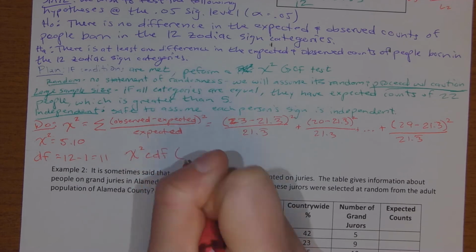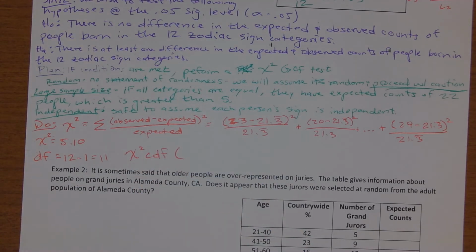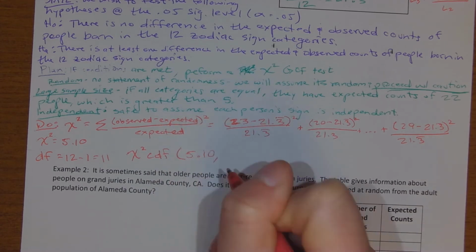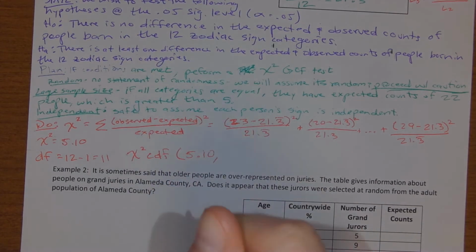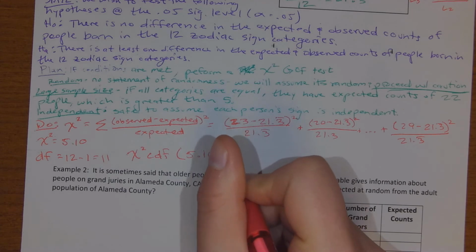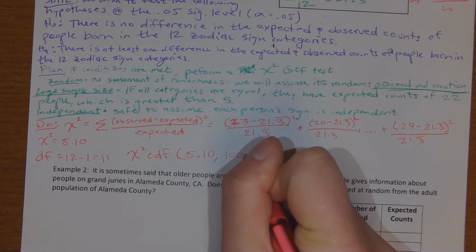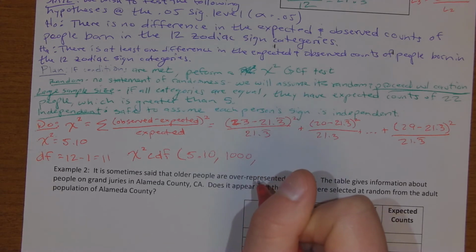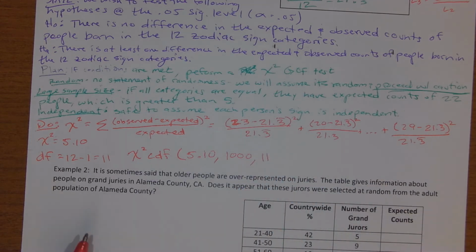Chi-squared CDF. And this is going to give me my p-value. So I put in my chi-squared statistic, and then my upper bound, which I'm going to make big, and my lower bound, which I'm going to make 11. My degrees of freedom.